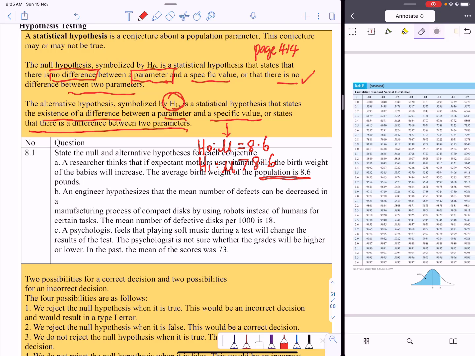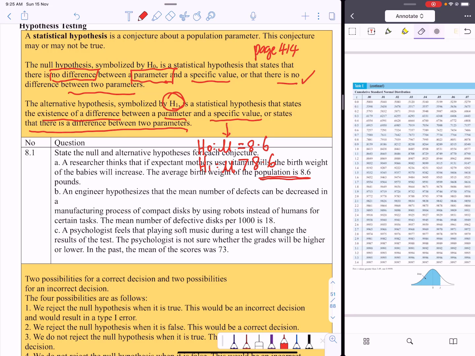For this type of question, writing up the hypothesis will be worth 1 mark, or maybe 2 marks. That's why it's very important.